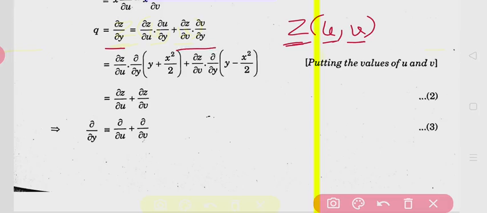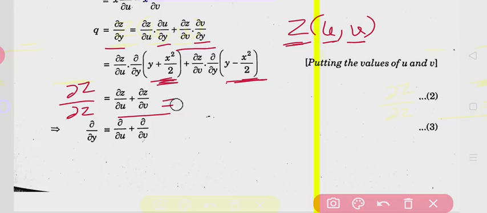Now you take the values of u and v and take their partial derivatives with respect to y. That derivative with respect to y will be 1, and that derivative with respect to y will be 1. Okay. So what will it be? That means ∂z/∂u plus ∂z/∂v. But what is q? q is here ∂z/∂y.